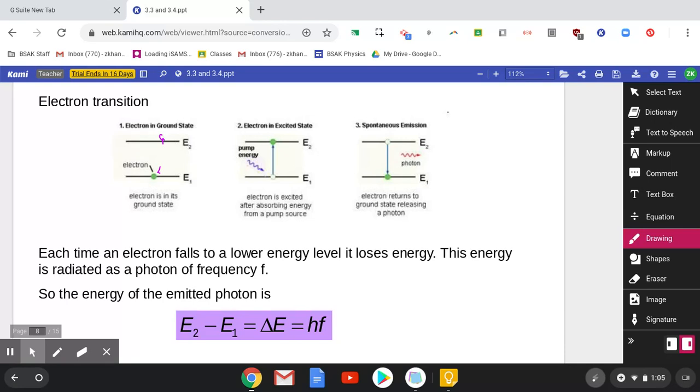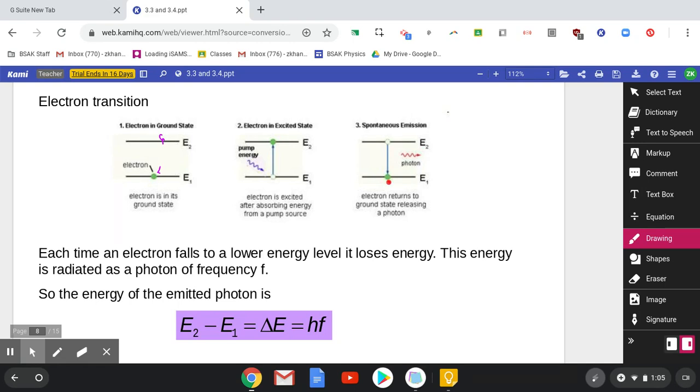So when we have an electron sat in a higher energy level, it will spontaneously move down to a lower energy level and give off a photon in the process with an energy equivalent to the energy difference between these 2 levels.